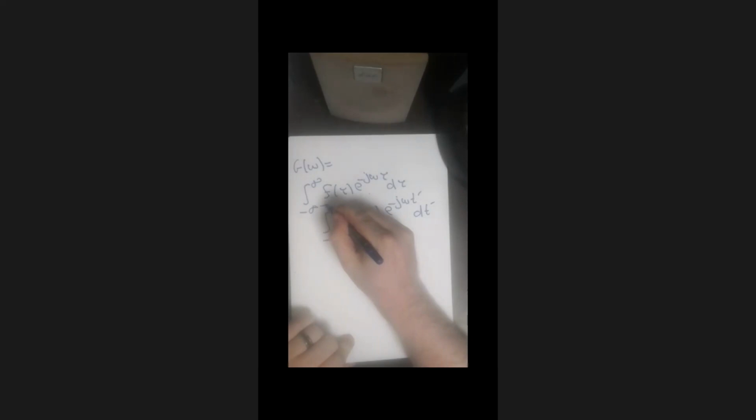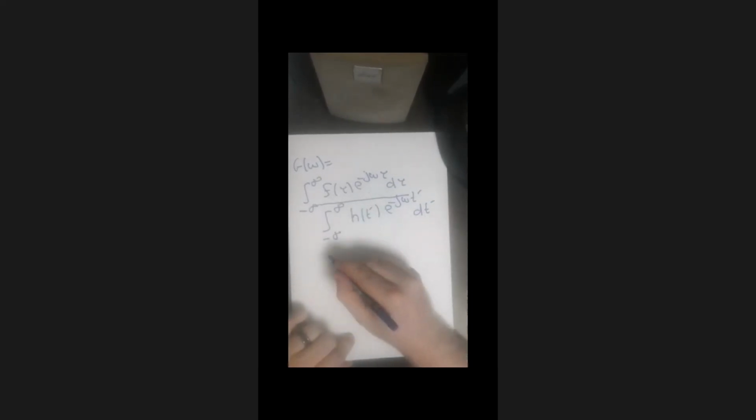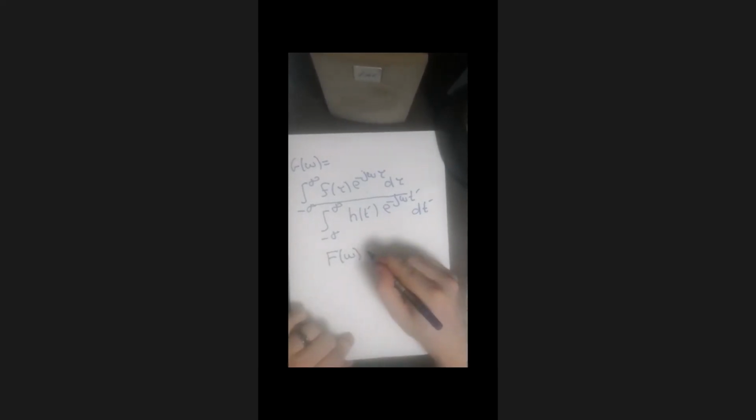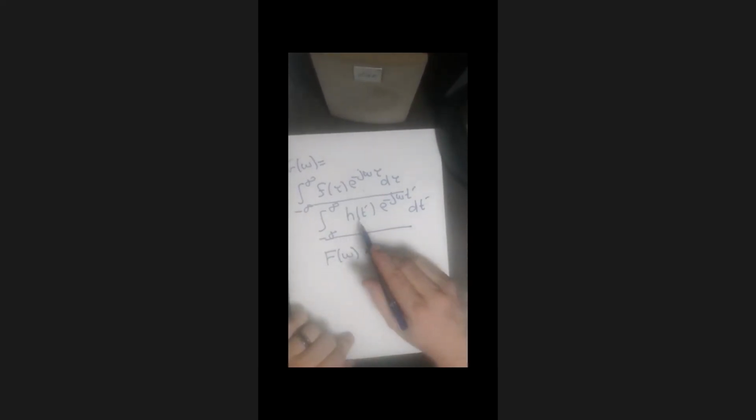So by observing these two functions, you can say that this term with the integral, of course, represents the Fourier transform for the f signal. So this is F of omega, multiplied by this form, which represents the Fourier transform for the h signal. So it's H of omega.